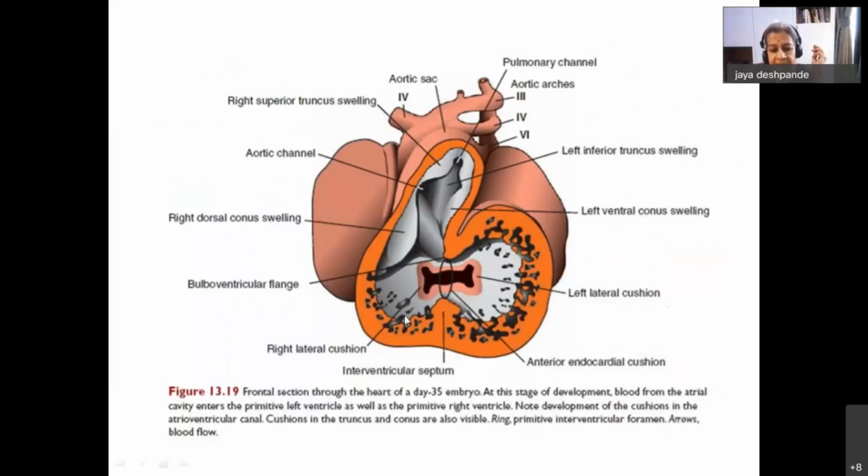In between, as the muscular interventricular septum grows up towards the endocardial cushions, there is a little opening there, which is the bulboventricular communication or the interventricular communication.